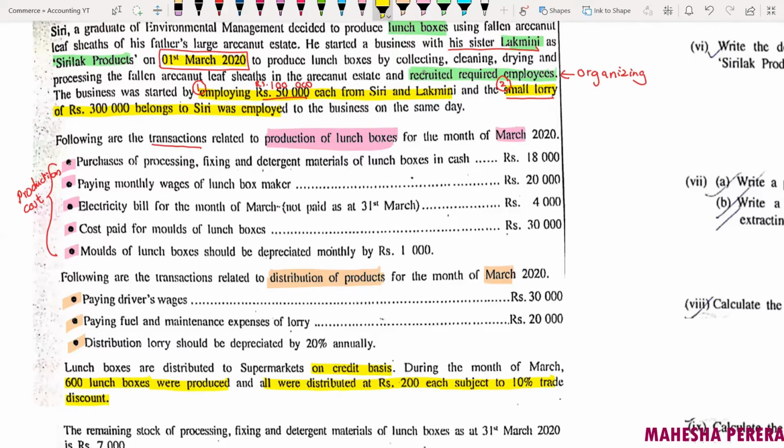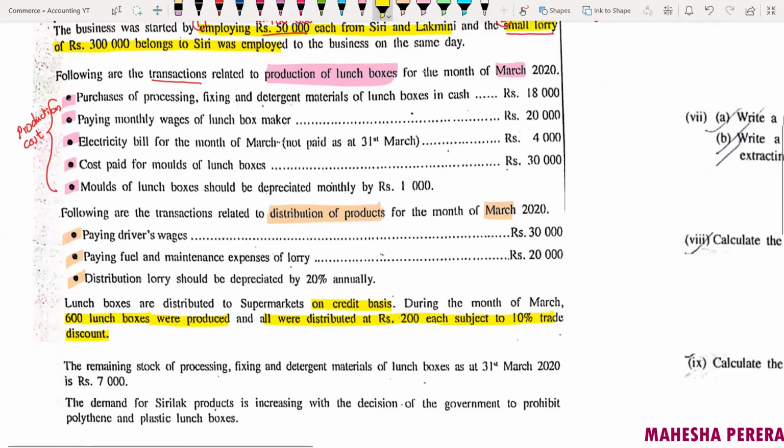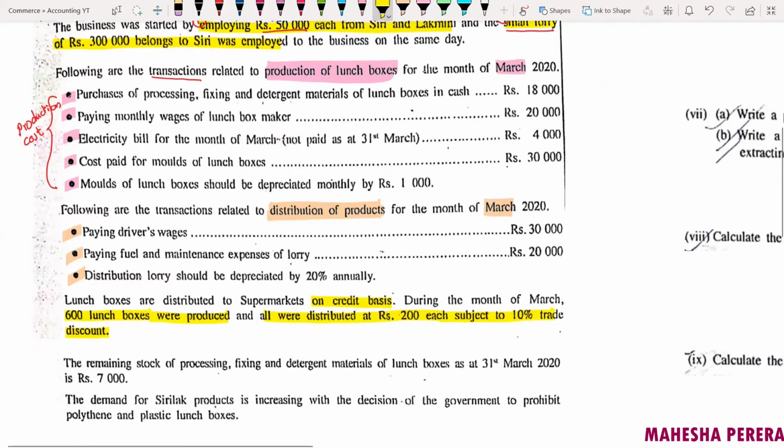information. Right. Then again, we have 2 other sentences. The remaining stock, right? It says remaining stock of processing, fixing, and detergent materials of lunch boxes. So this remaining stock is the remaining stock of materials, right?